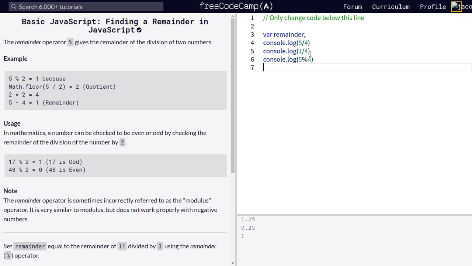And then the computer can calculate whether a number is odd or even, but it's not like a human.